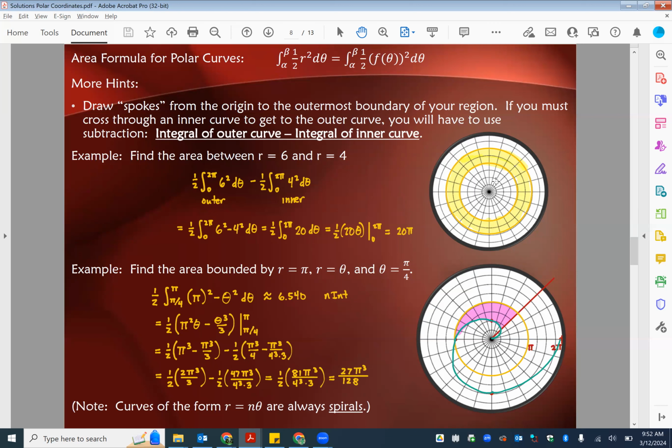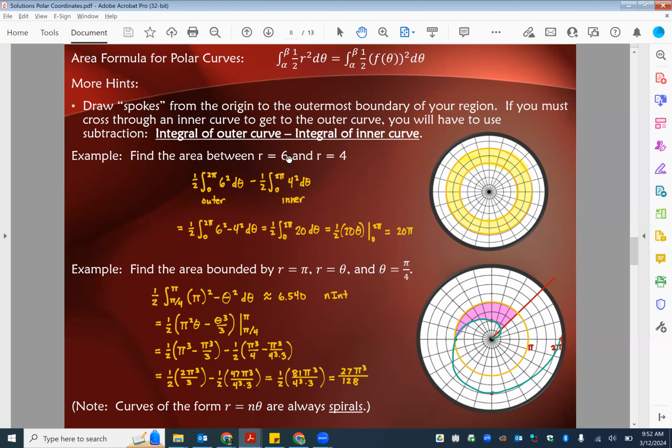It's very much similar to washer method from previous semester. What I'm really doing is finding the area of the outer circle and then subtracting the area of the unshaded inner circle. So for this first example, area between r equals 6 and r equals 4, both circles. So we go 1/2 r squared d theta.